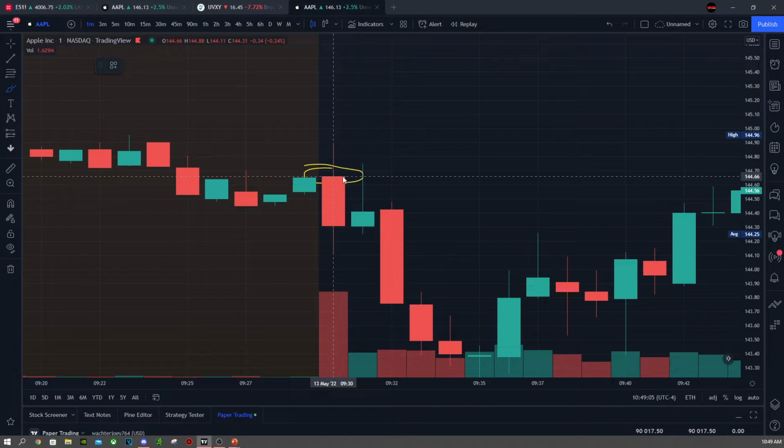So the price opened at $144.66. So the price opened right there, right? Let me move it to the front. Price opened there. And then the low of the body is where the price closed. So the price closed right here, right there.